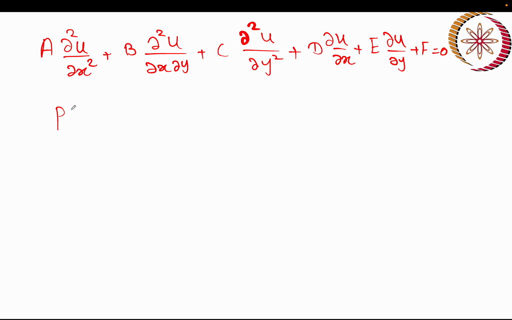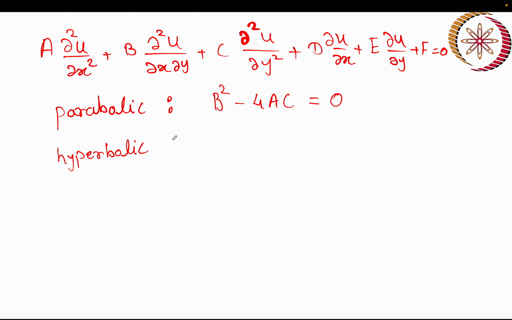The equation will be considered parabolic if b square minus 4ac is equal to 0, and it will be considered hyperbolic if b square minus 4ac is greater than 0.